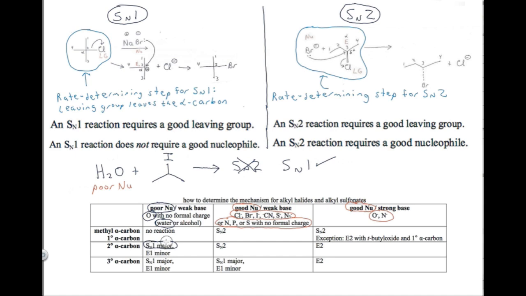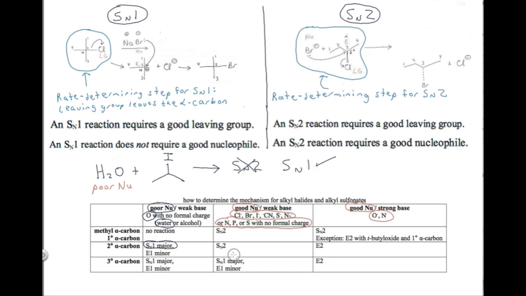Well, there can be SN1 reactions in the left-hand column because the left-hand column deals with poor nucleophiles, and an SN1 reaction does not require a good nucleophile. So now the table should make more sense to you. It should make sense to you that in this left-hand column there are some SN1 reactions, but there are no SN2 reactions. On the other hand, notice that a good nucleophile doesn't prevent an SN1 reaction.